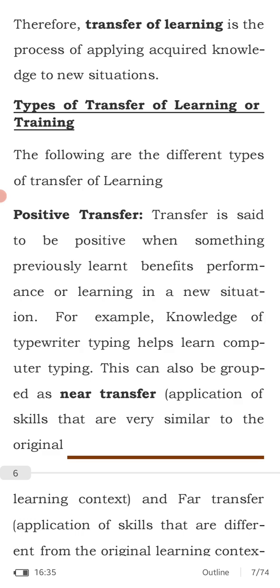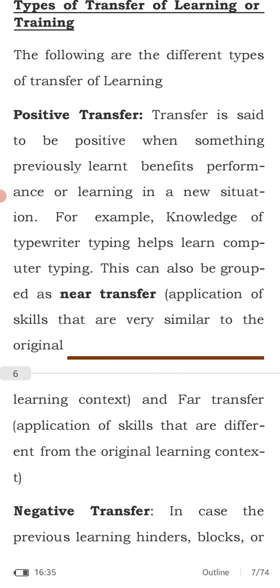For example, the knowledge of the typewriter helps a learner learning computer to learn how to type using a computer, because the typewriter has similar keys to the keyboard of the computer, so you can use the skills you obtained from writing on a typewriter in this new learning situation.